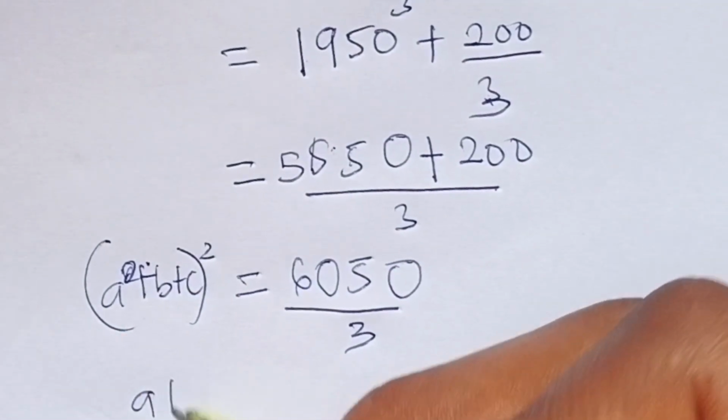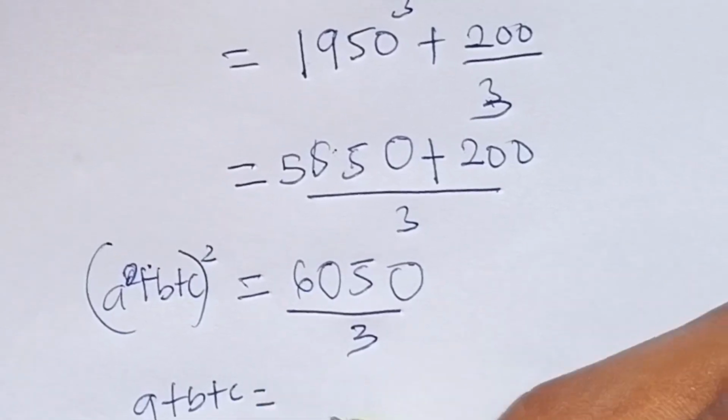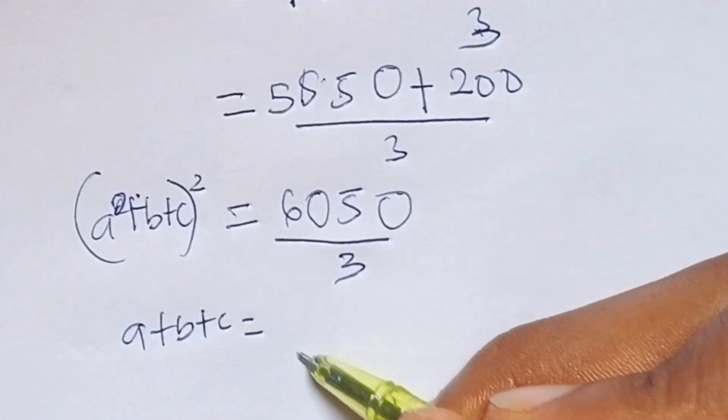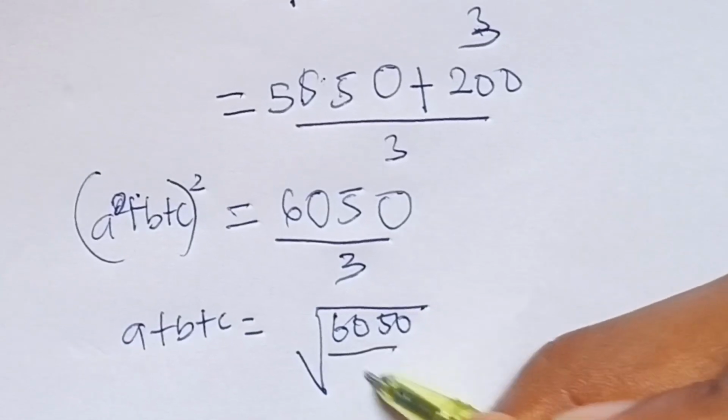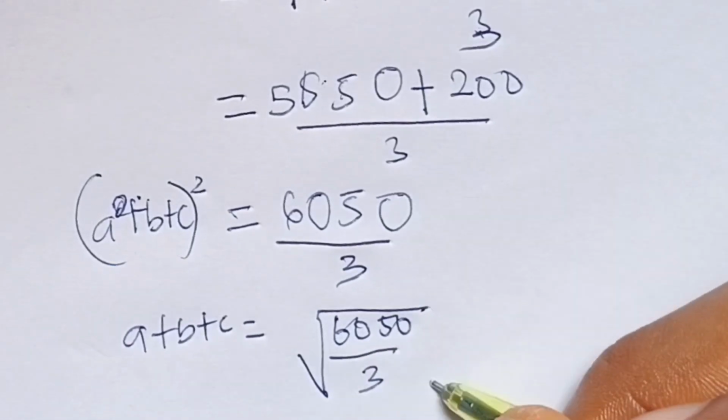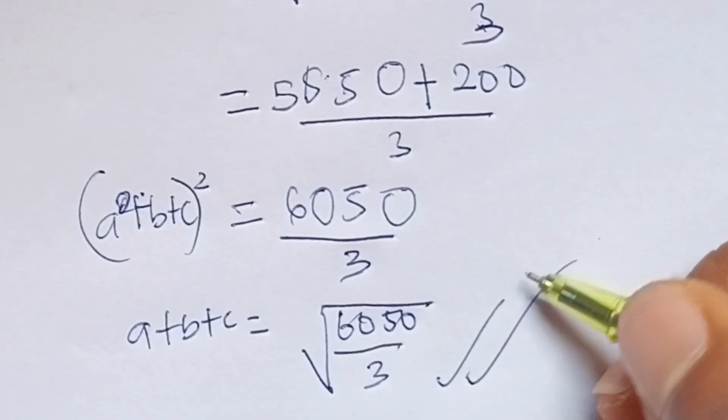Hence, A plus B plus C will be equal to the square root of 6050 all over 3. And this becomes the final answer to the equation.